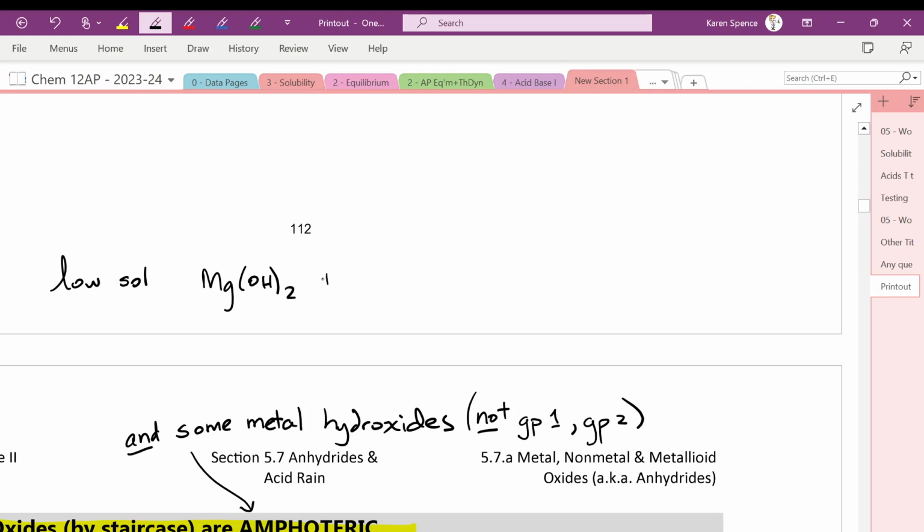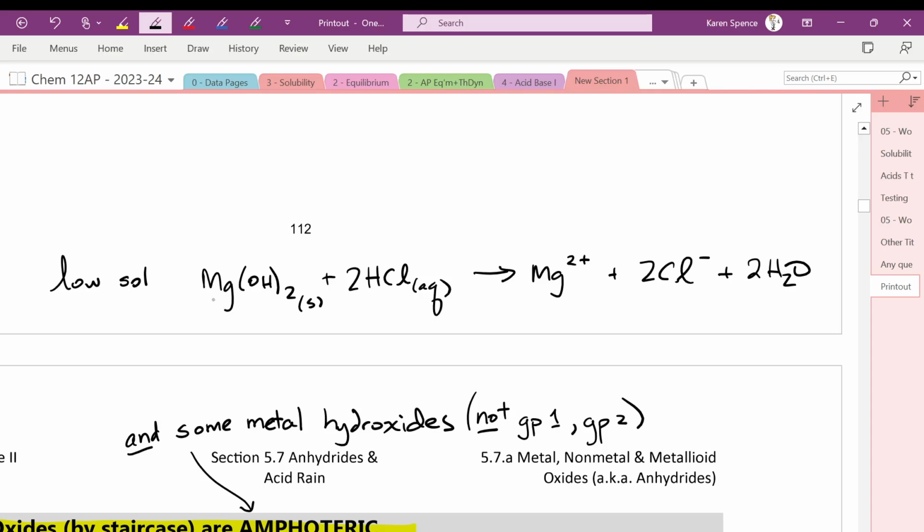We could react it with HCl, and this is a solid, and this is aqueous, and hydrogen will rip the hydroxides off of that, and it will cause it to become water and then release the magnesium into solution. So you would end up with Mg2+, 2Cl-, plus 2H2O.